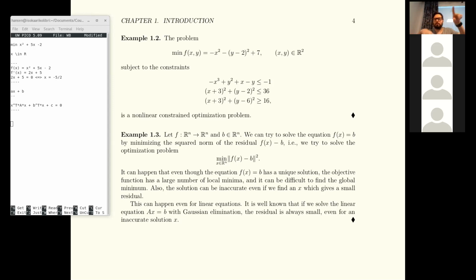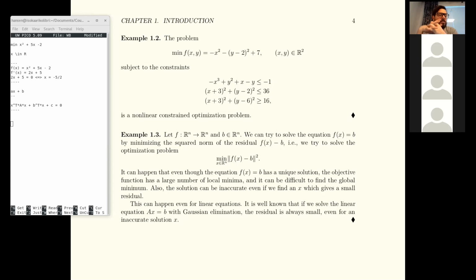It can look very weird, so that there are local minima, meaning that at several points, if you move even a little bit in any direction, it's going to get bigger. So it looks like this is the minimum, but unless it's actually zero there, it's not necessarily the global minimum. And it can be really difficult to find where the global minimum is.